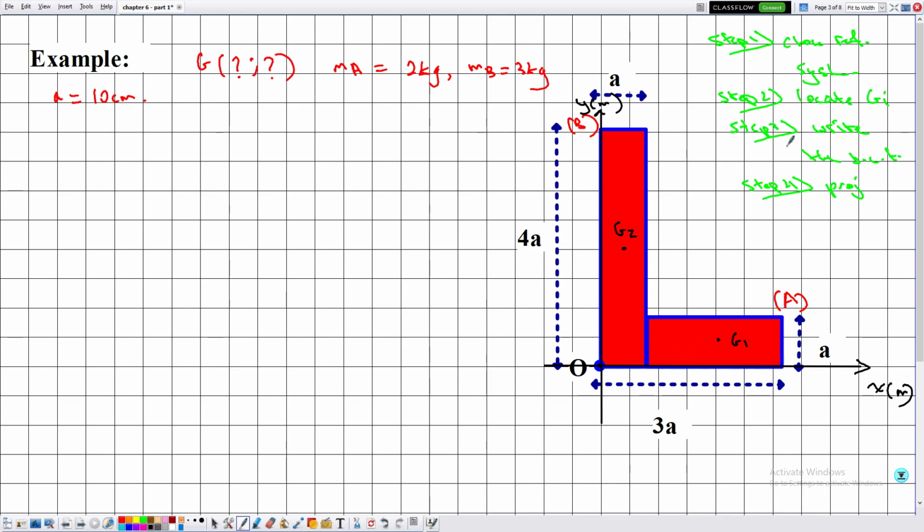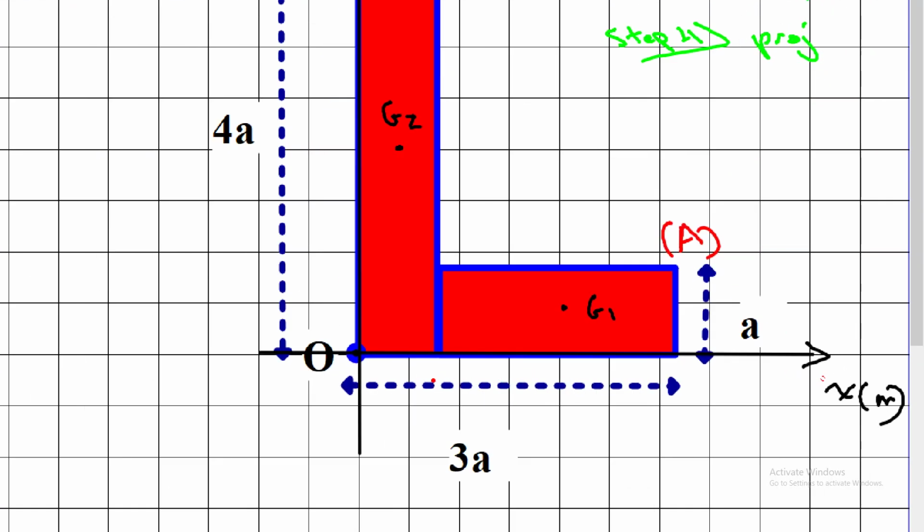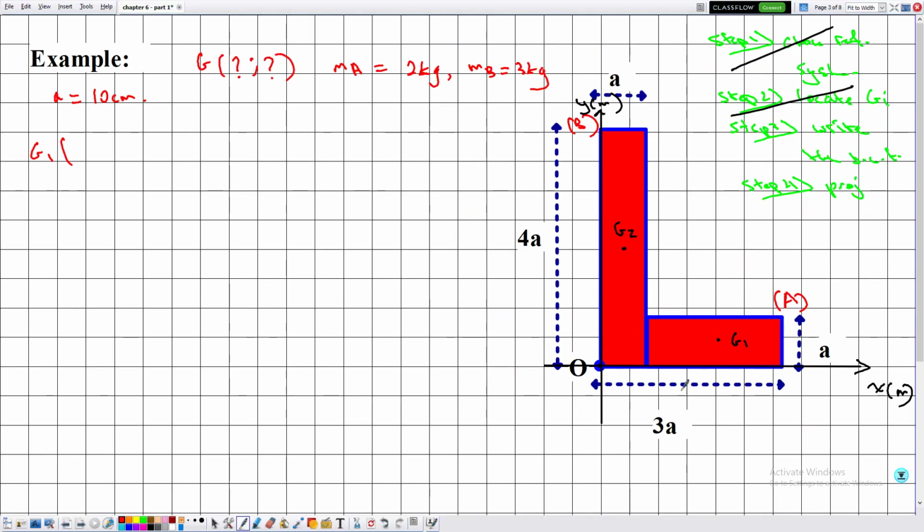Okay, so we have done with step 1. Now as for step 2, we need to locate the coordinates of G1 and G2. Let's do it now. So G1 is given by, okay, so this is A, and if all of this is a 3A, then this is 2A, then A, so this is given by A with A, then it's given by 2A, so plus 2A.